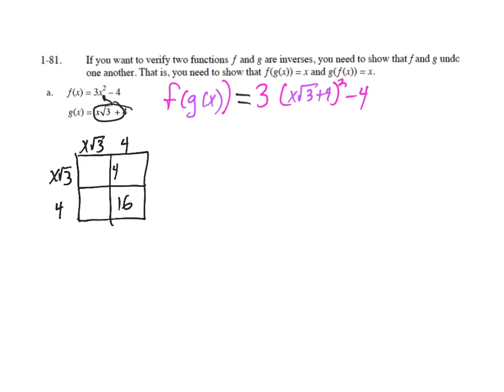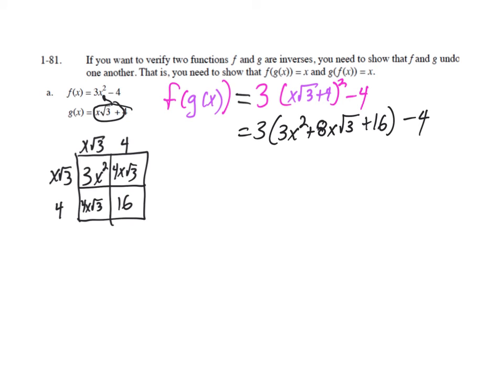This is 4x square root 3, 4x square root 3, and this becomes x squared, and the square root of 3 times the square root of 3 is the square root of 9, or 3. So I have 3 times 3x squared plus 8x times the square root of 3 plus 16 minus 4.